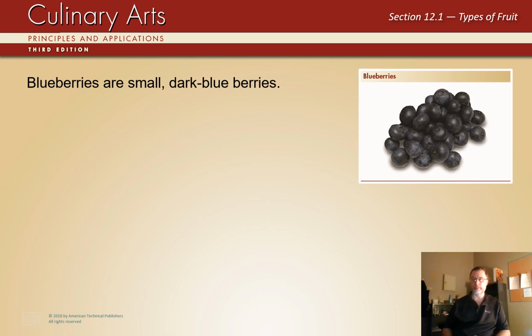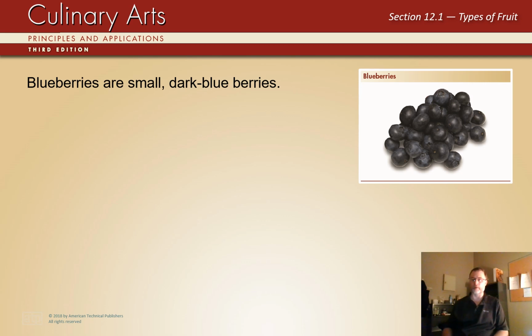And we have blueberries. Now, the interesting thing about blueberries is that we have both wild and cultivated. Whenever we talk about something that's cultivated, that means that's something that a farmer actually grew, that they're raised on a farm.